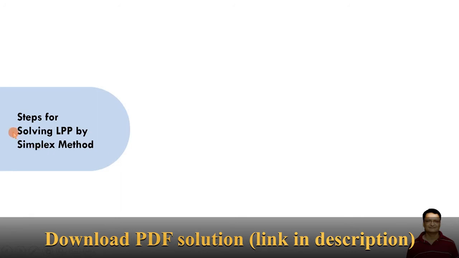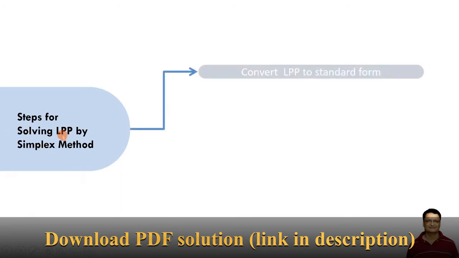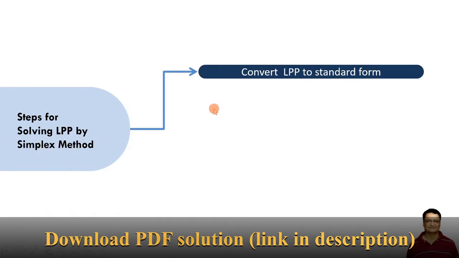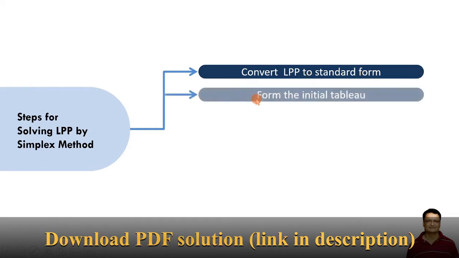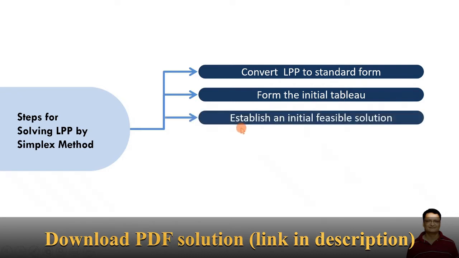These are the steps we are going to use for solving the linear programming problem with the simplex method. The first step is to convert the LPP to a standard form, which we are going to see. The second step is to form the initial simplex table. The third step is to establish an initial feasible solution.